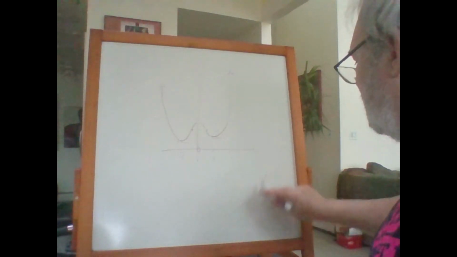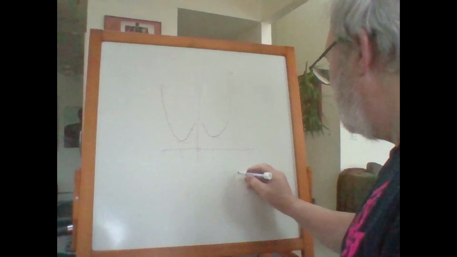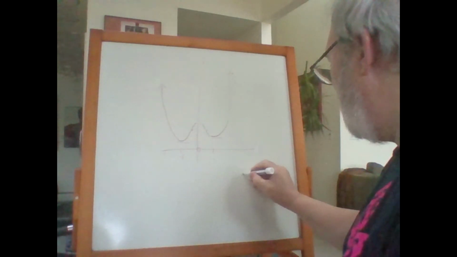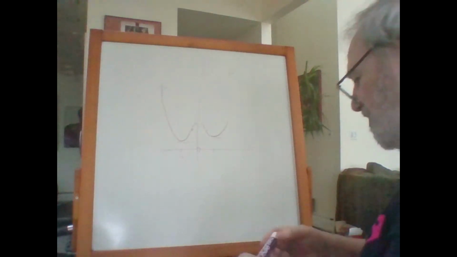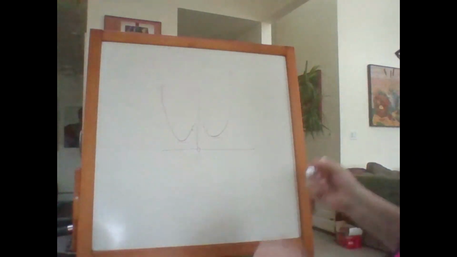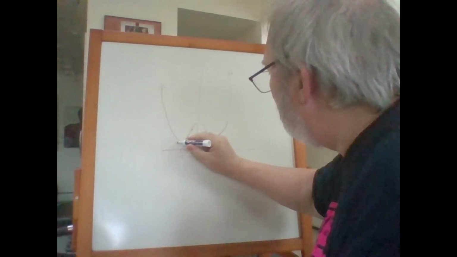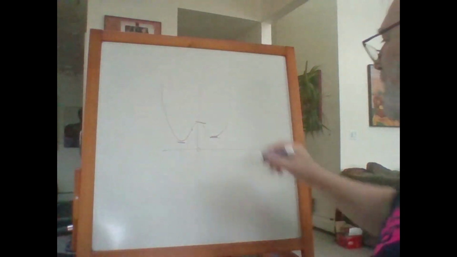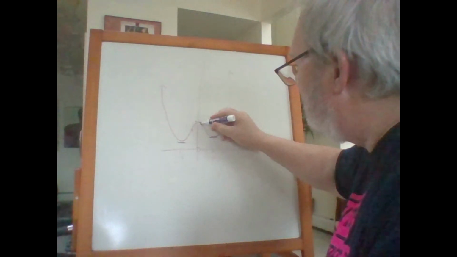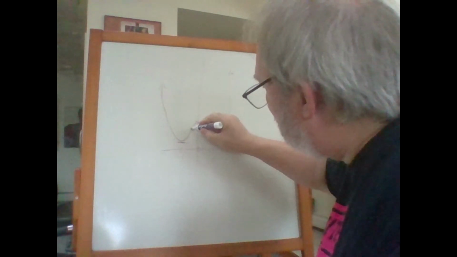So we had a function that was y. There we go. So that's a max and min. This is the curve. This is the inflection points.